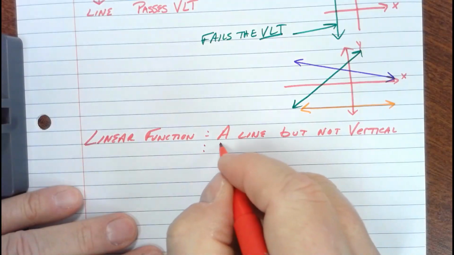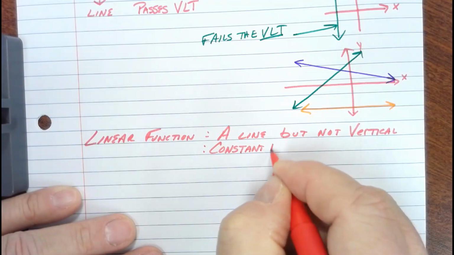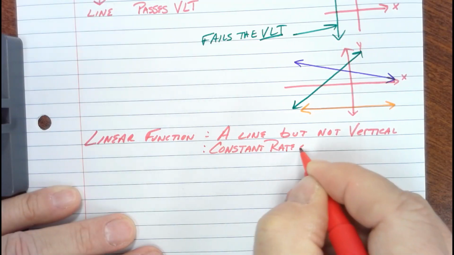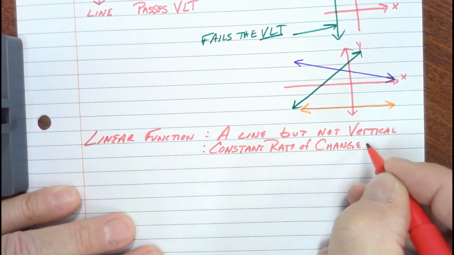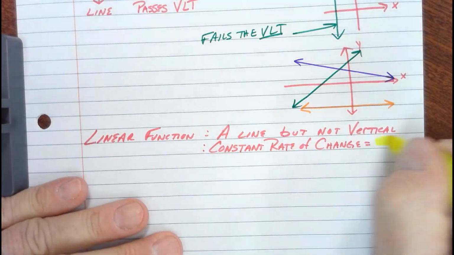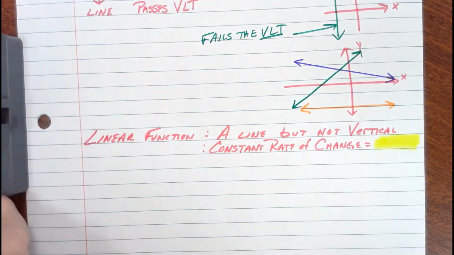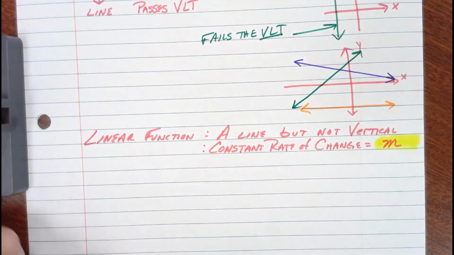It has a constant rate of change, which is the same as saying it has a constant slope. Rate of change is slope.